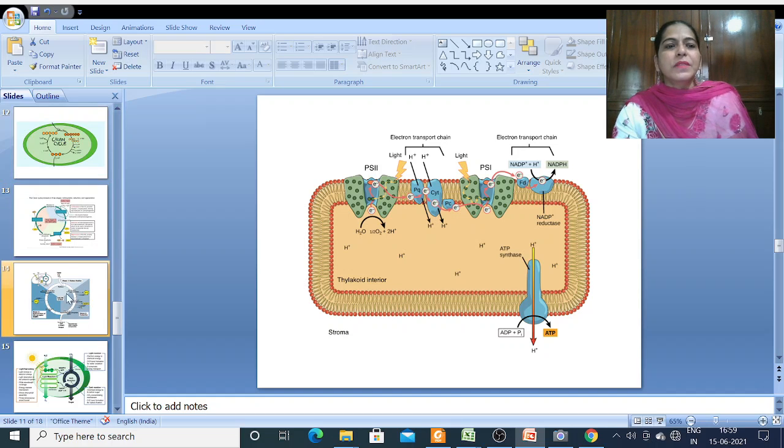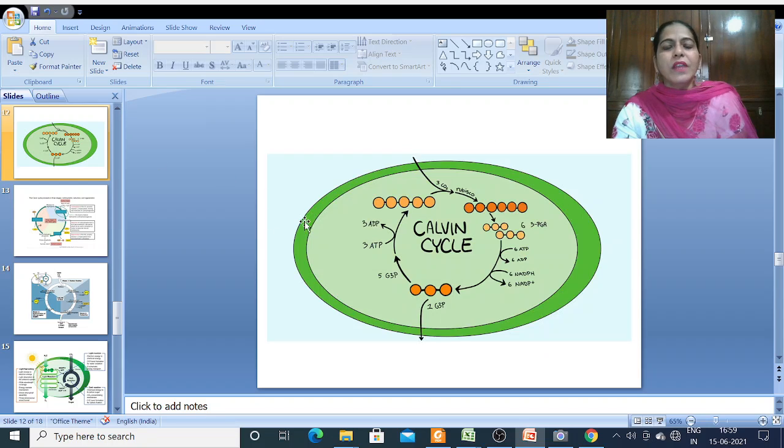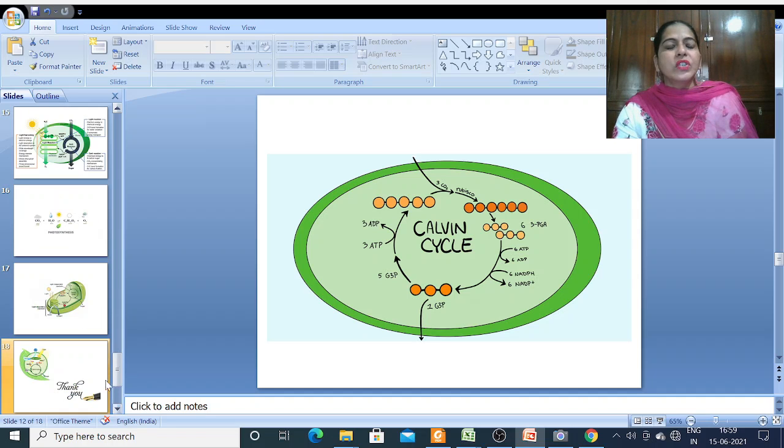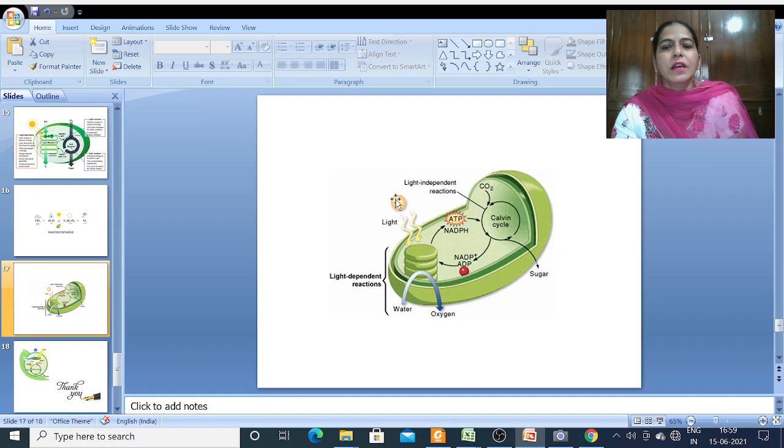Next comes the Calvin cycle. So Calvin cycle we will do in the next lecture in detail. Here we will just take an overview of this. So this is the whole chloroplast. These are the thylakoid and grana. So from water we have got oxygen, light dependent reactions have occurred, and you have got the NADPH as well as the ATP.